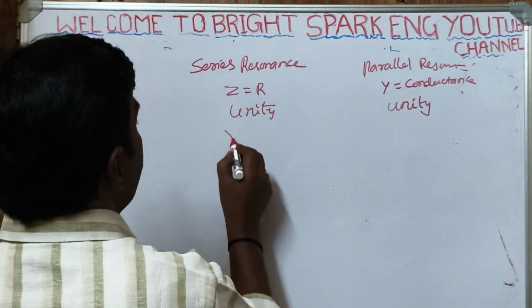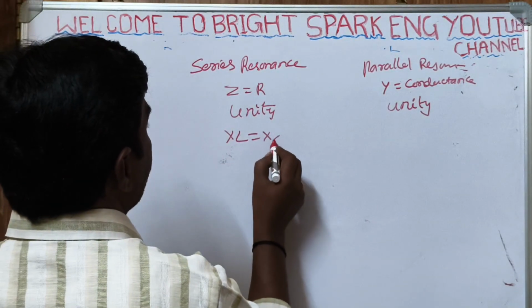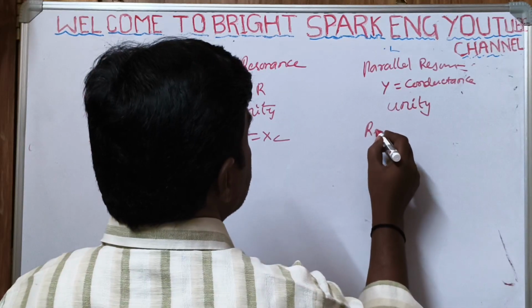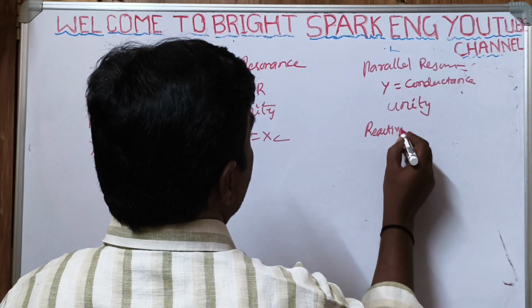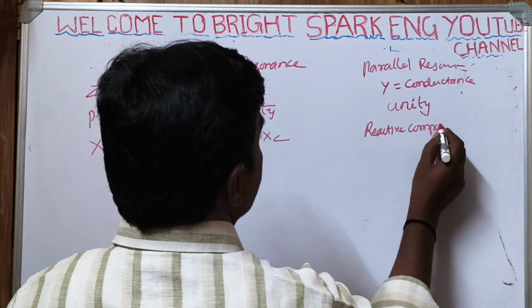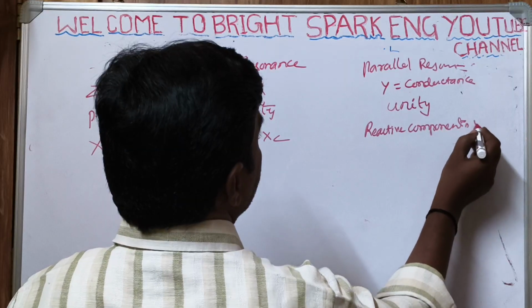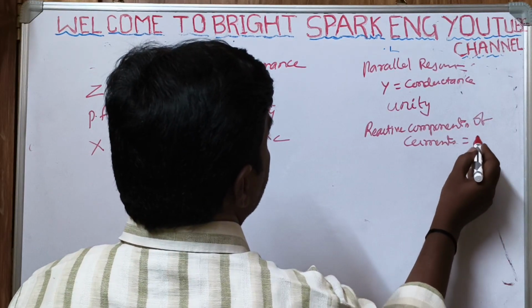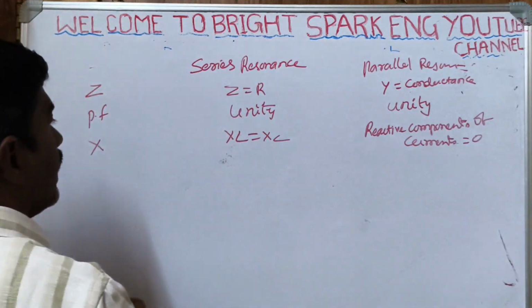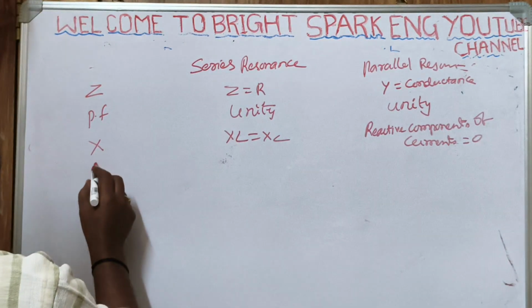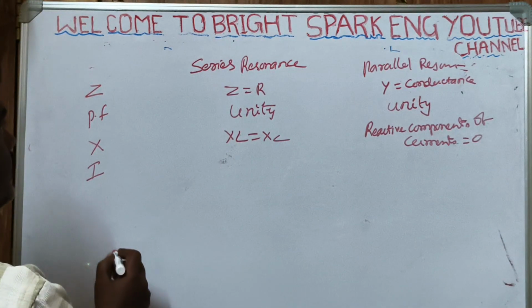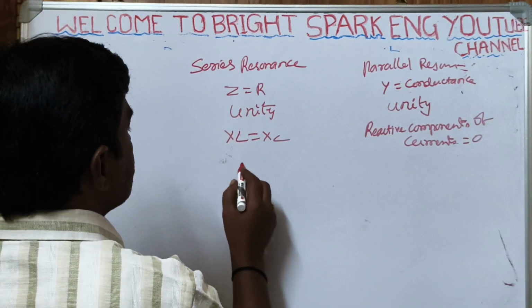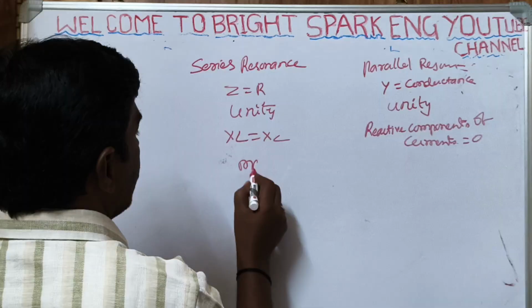Reactance XL minus XC. Here the reactive components of current are equal to 0. This is the condition. Here is maximum current flow.